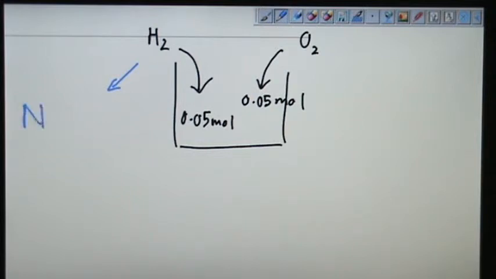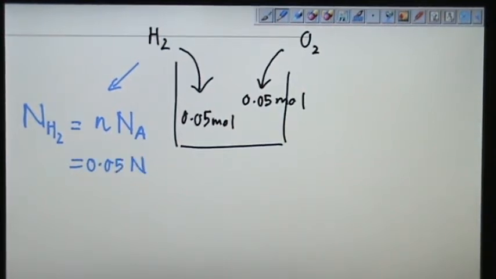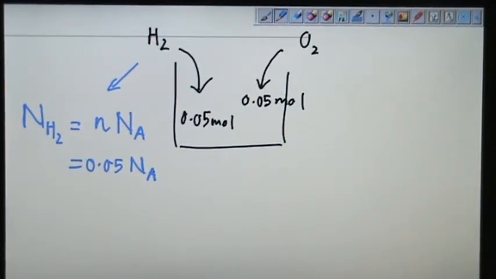So the number of hydrogen is simply mole times Avogadro's constant, isn't it? So 0.05 times Na. I don't want to write it out, it's quite troublesome. Okay, I'll just calculate with my calculator. You get 3.01 times 10 power 22 hydrogen molecule. Okay, because they ask for molecules.